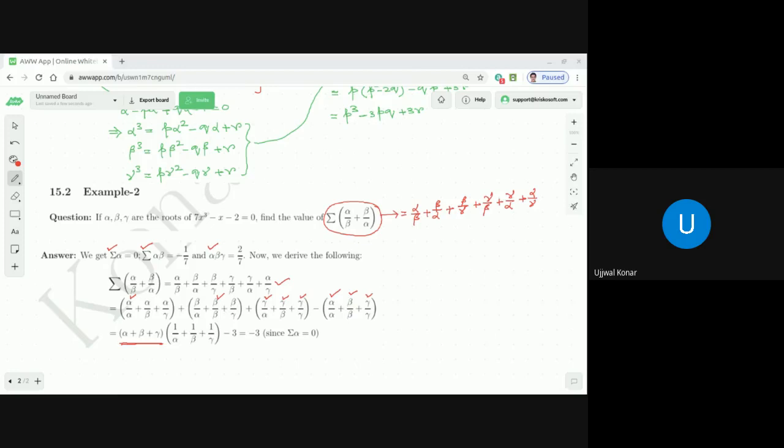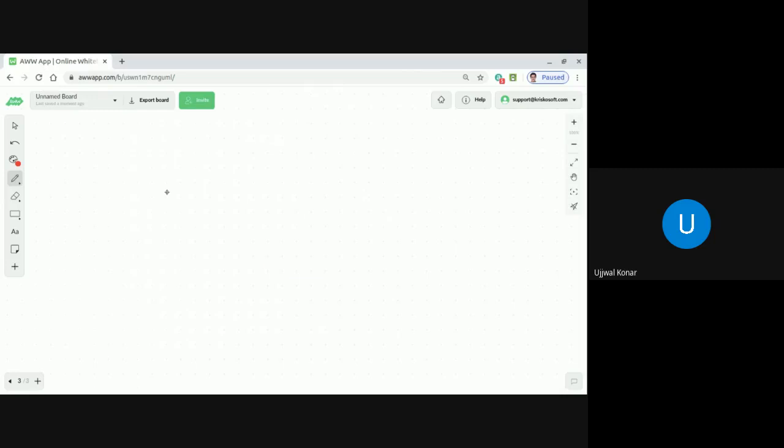That is known as Descartes' rule of signs, and that is the topic for discussion today and the last topic for today. So what is Descartes' rule of signs, dear students? That we are going to discuss now.